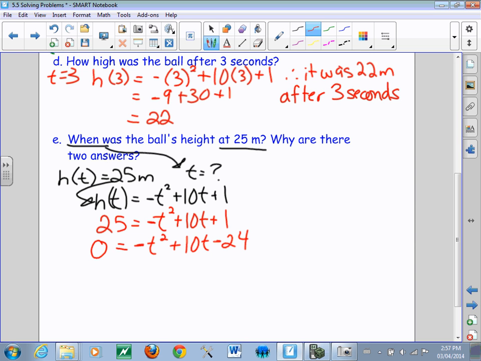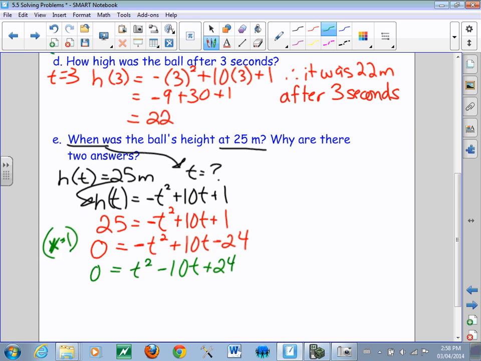Now, noticing things are negative here, it's going to be easier to make everything positive by changing the signs. So times everything by negative 1. So 0 times negative 1 is 0. Negative 1 makes that positive, makes this negative, and this positive. Whatever you do to one term, you can do the same to all the terms, and it'll stay balanced.